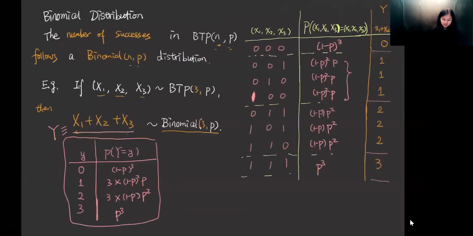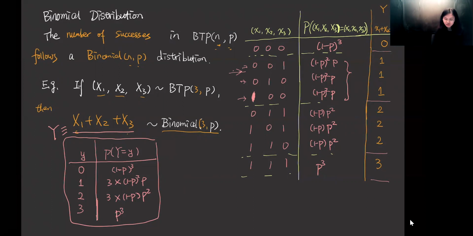If you look back at the n equals 3 case, when k equals 1, there are 3 outcomes of the Bernoulli trial process that are consistent with k equals 1. And each of these outcomes has probability 1 minus p to the power n minus 1, which is 2, times p to the power 1.